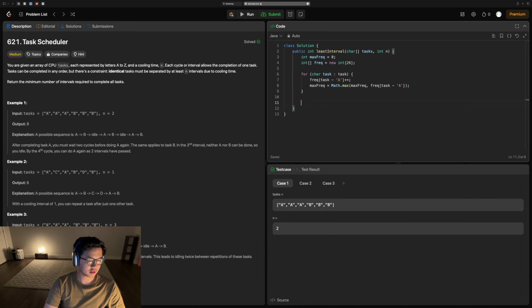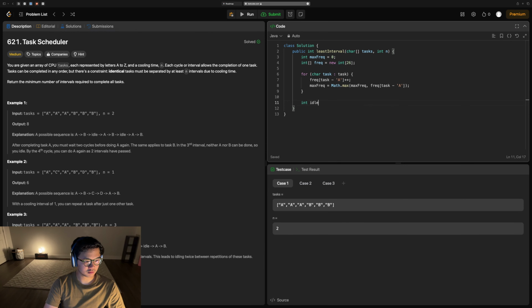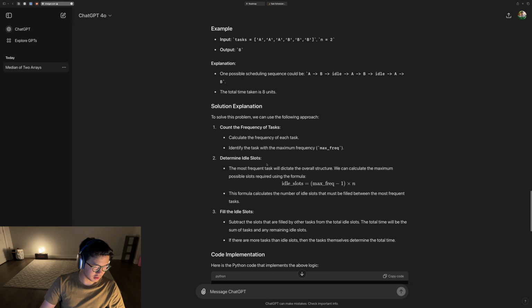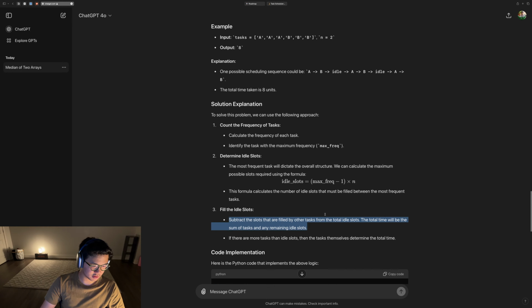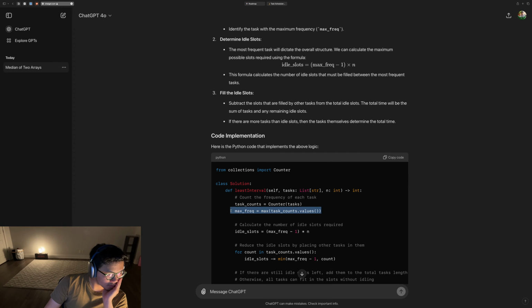So this is like, okay. Subtract the slots that are filled by other tasks from the total idle slots. Subtract the what? Of course, bruh.